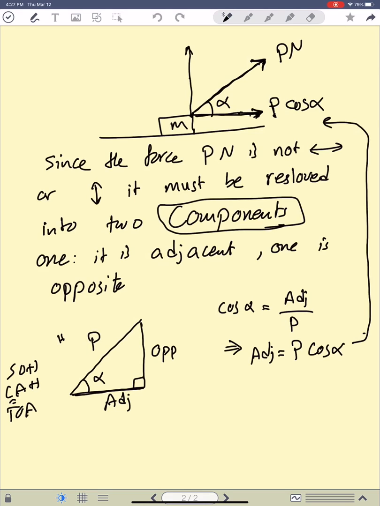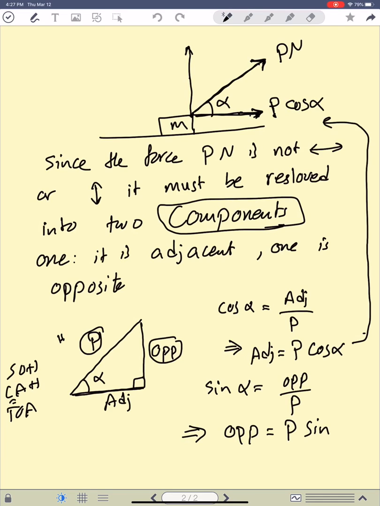At the same time, for the opposite, how can I write it in terms of P? Since sine alpha equals opposite over the hypotenuse, which is P, this implies that the opposite component is equal to P sine alpha.